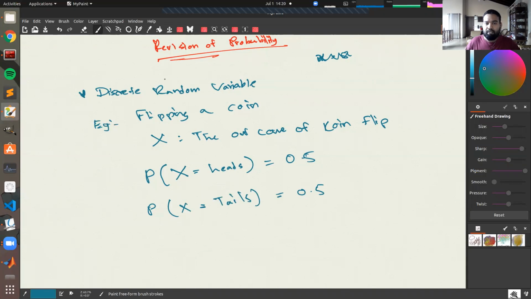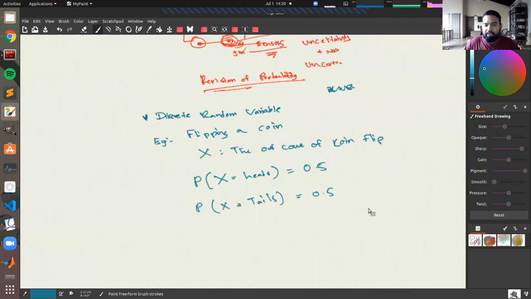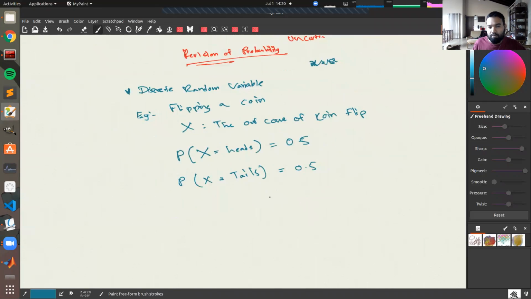Here, I think just very quickly, the notation is important. When we talk about the notation of using random variables, how we usually do it is like this. This is the random variable, and then the small x is essentially the particular, specific event.